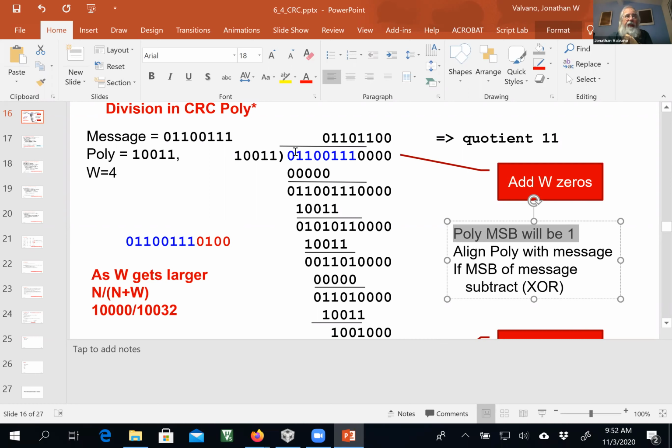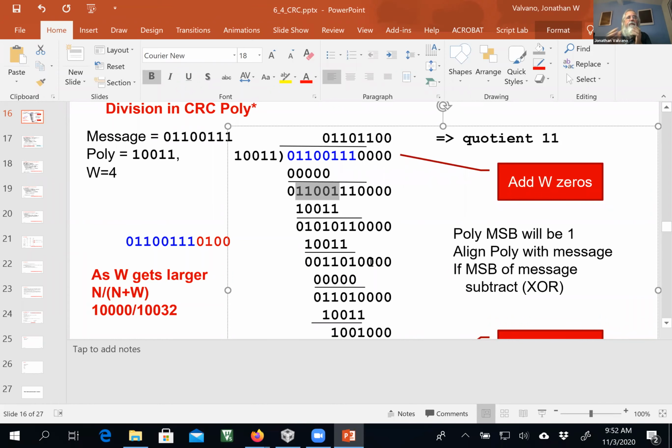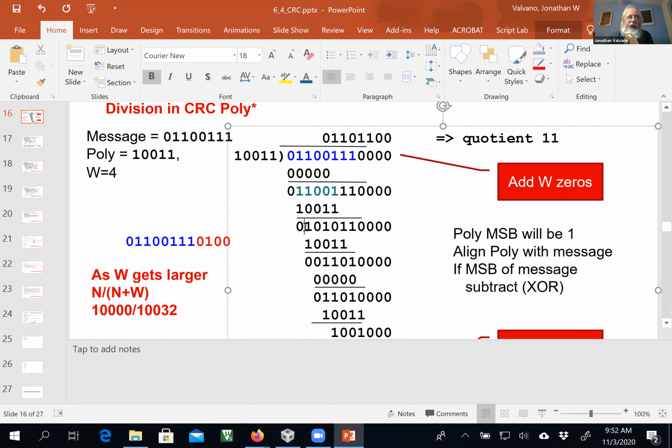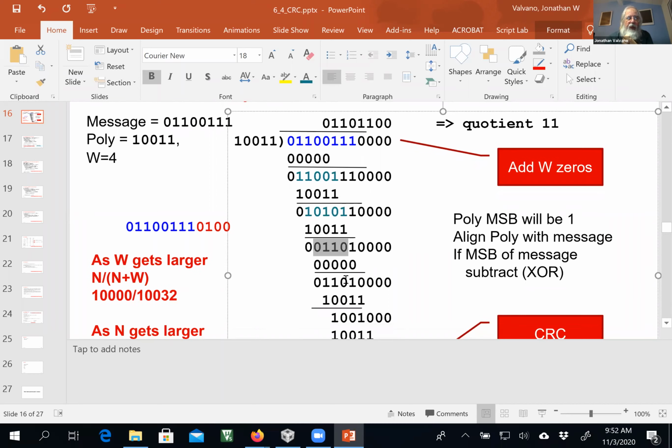You notice I didn't subtract here, but I did subtract here. And I did subtract here. And I didn't subtract there, but I did subtract here.